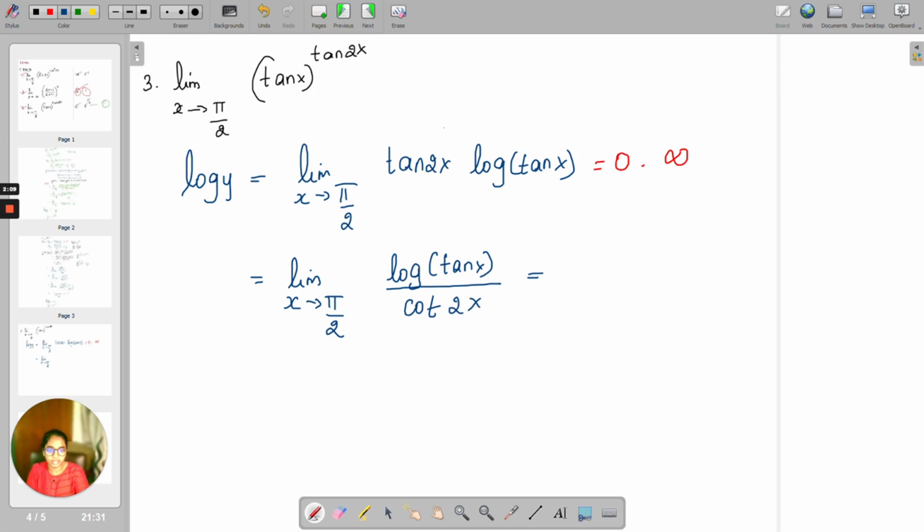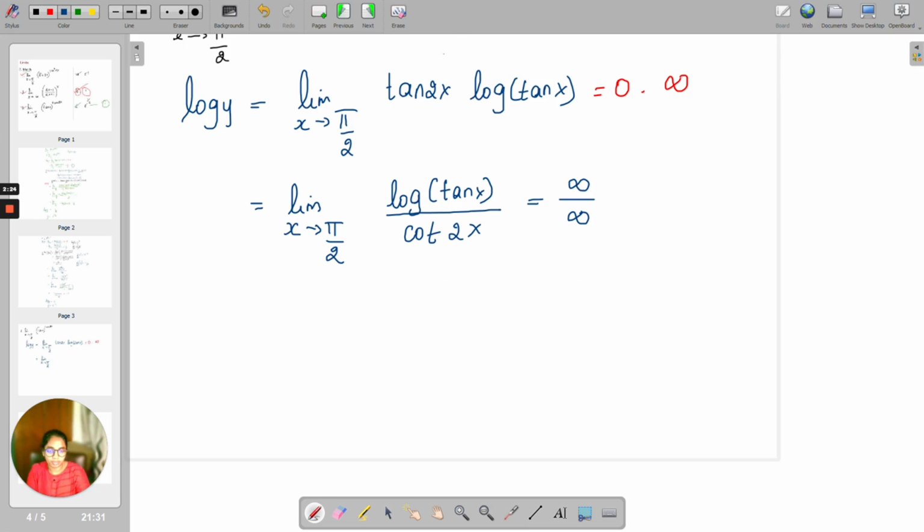Now what are we getting? Tan 90 is not defined, so log infinity is infinity, divided by the same thing over here, also infinity. Since we are getting infinity by infinity form, let us apply L'Hospital's rule.